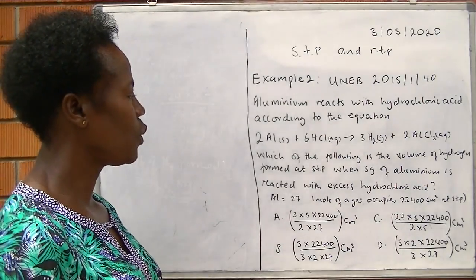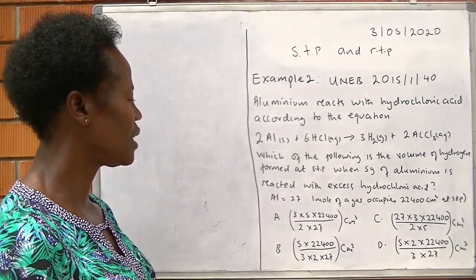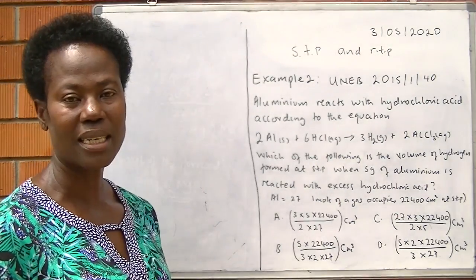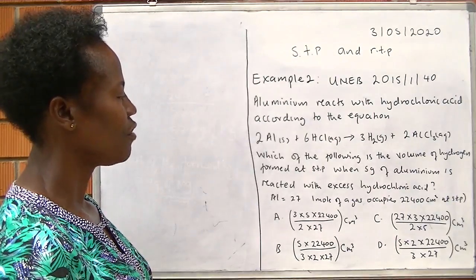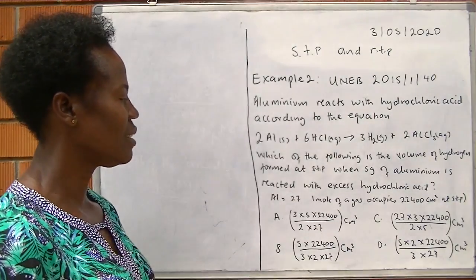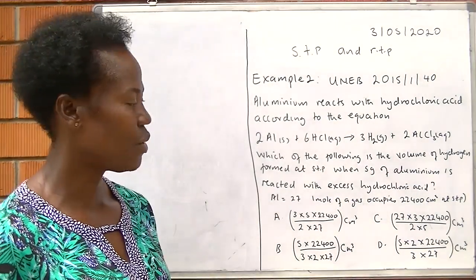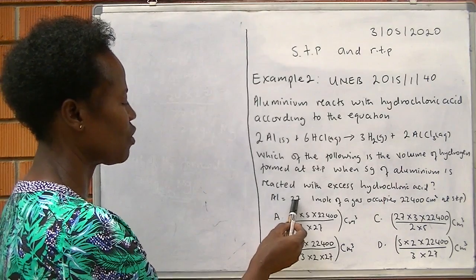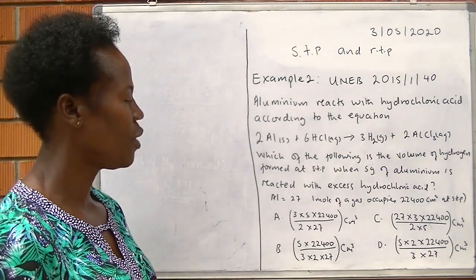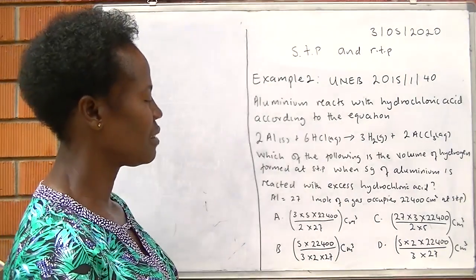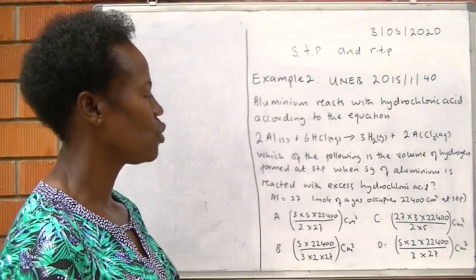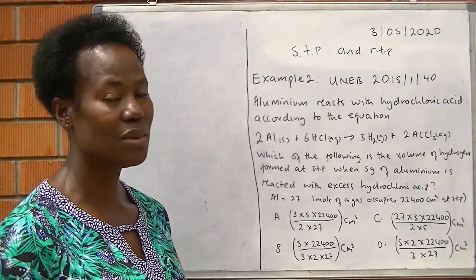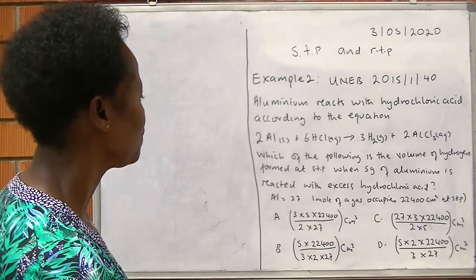Which one of the following is the volume of hydrogen formed at STP when 5 grams of aluminium is reacted with excess hydrochloric acid? We are given the atomic mass of aluminium is 24 and a mole of any gas occupies 22,400 cubic centimeters at STP.